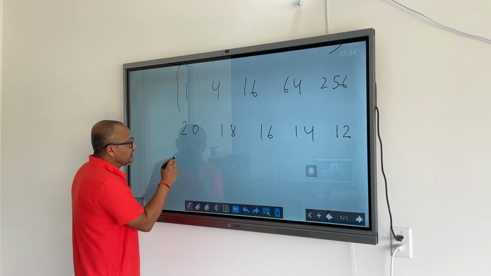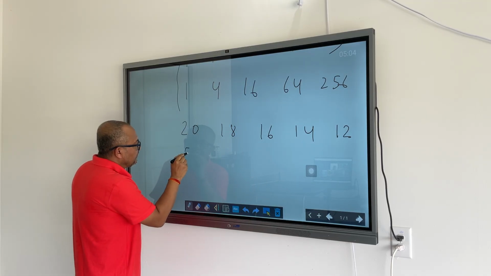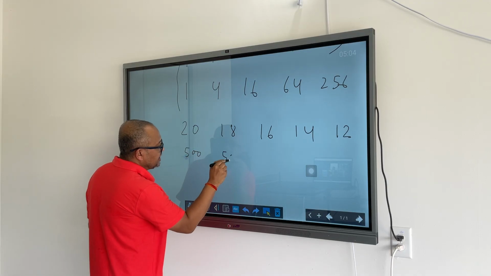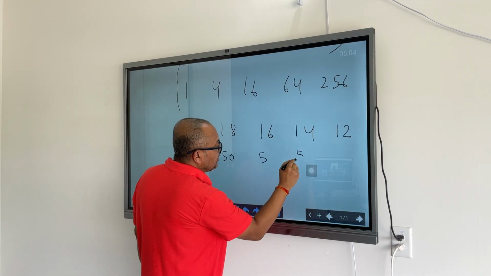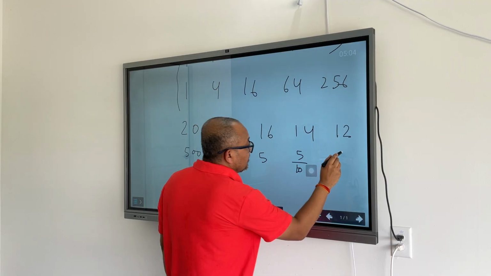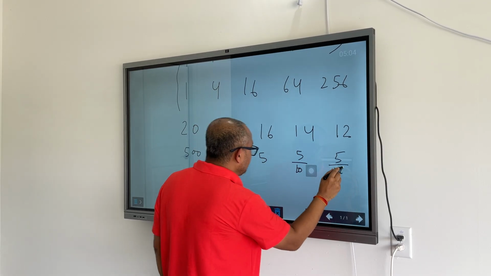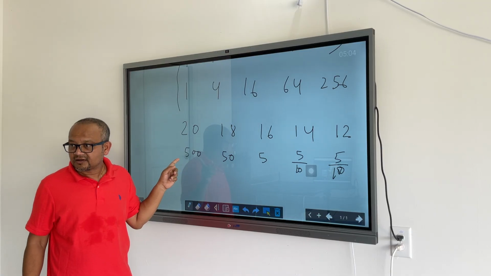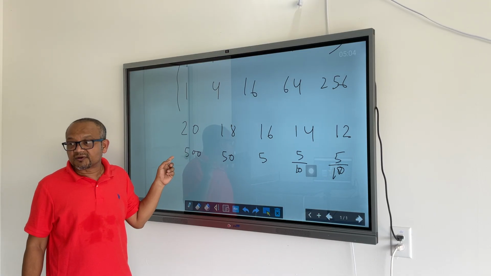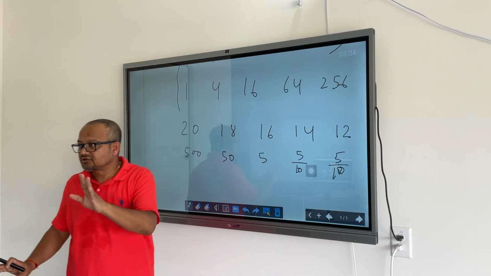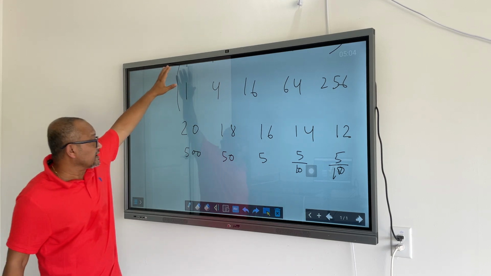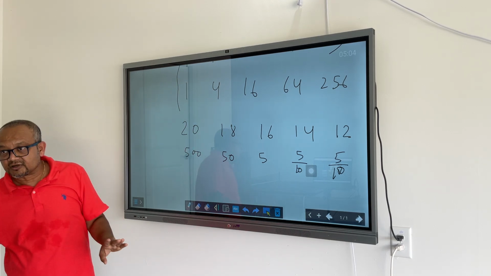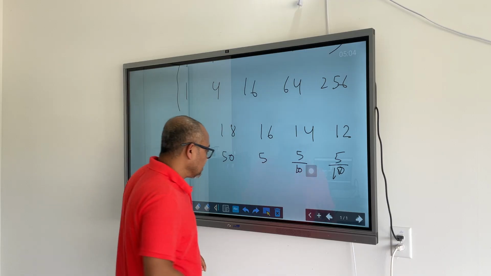Likewise, you can have a decreasing pattern like 5, 5 over 10, 5 over 100. What's happening here? Every next number is derived by dividing the previous number by 10. So these are two increasing patterns, these are decreasing patterns. That's what we talked about yesterday, and we practiced few problems.